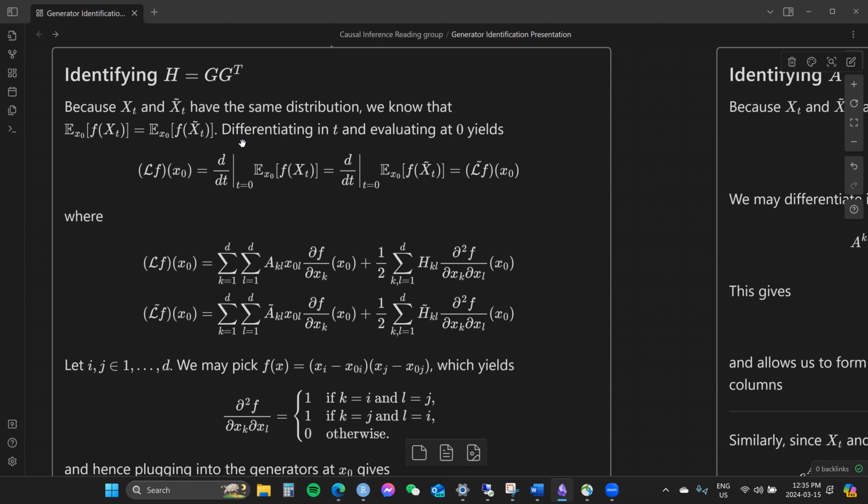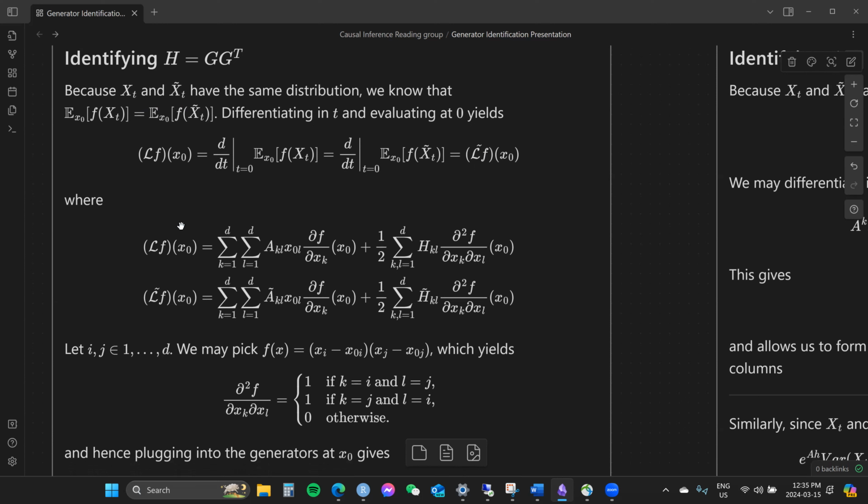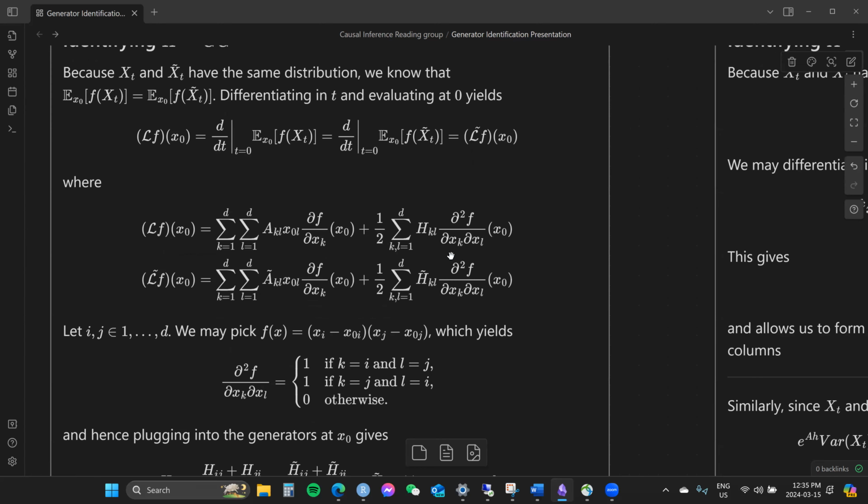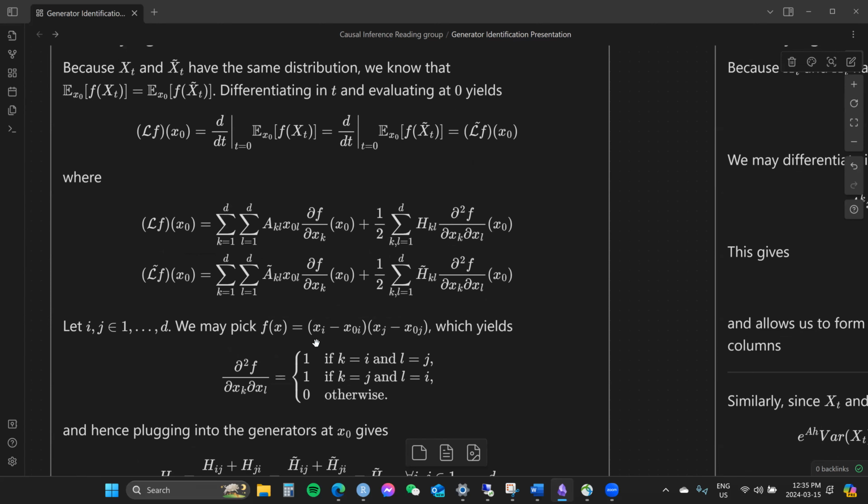And then if you just differentiate this and evaluate at 0, this is the definition of the generator evaluated at x naught. So you have that the generators for any function will be the same at the initial condition. And remember that the generator of this SDE has a specific form, which you saw before, where this is the Ito contribution. And then you can pick any function you'd like.